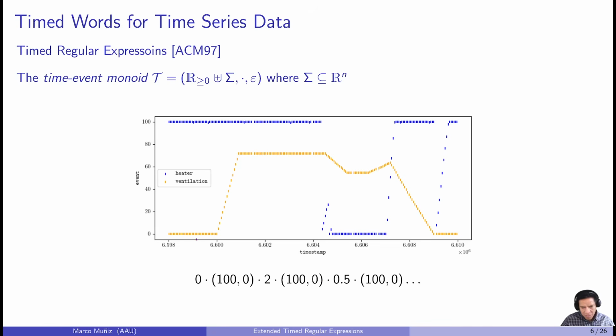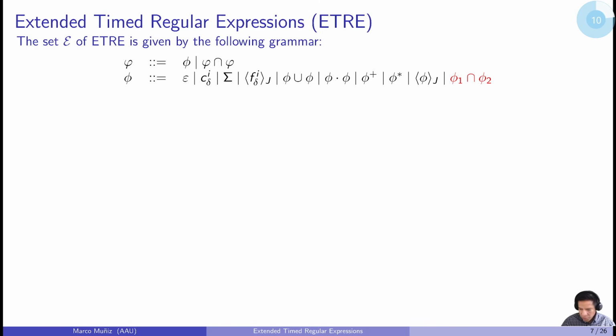And then we can keep going. We have the durations between events and the events encoded as a time word. With time words being formalized, we are able to define or extend time regular expressions.